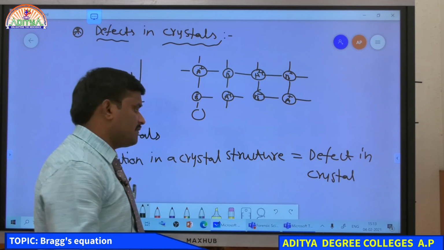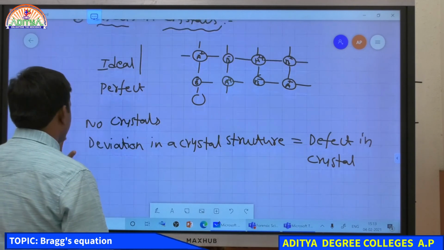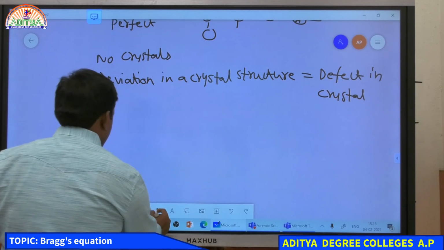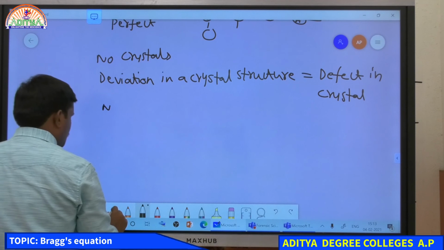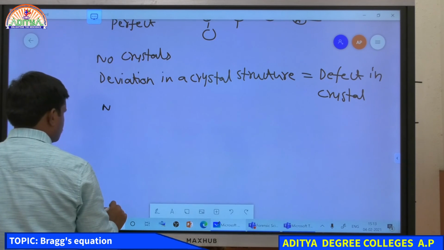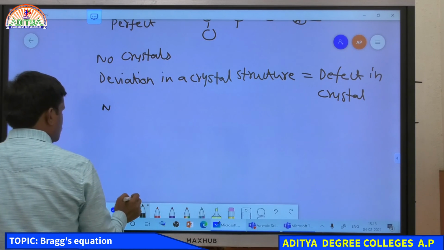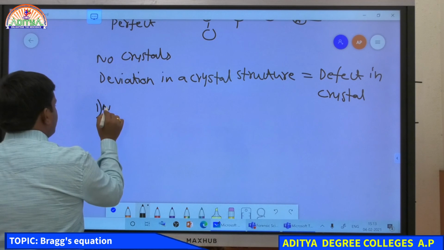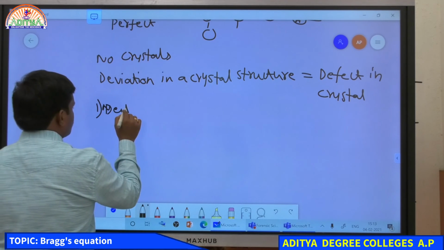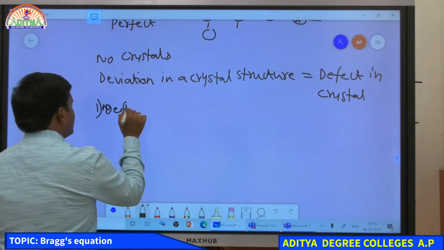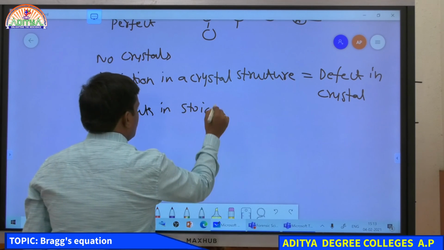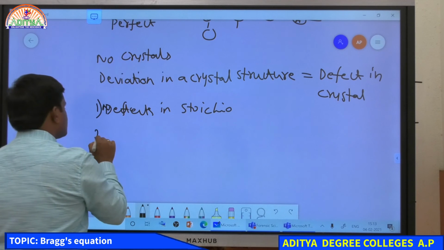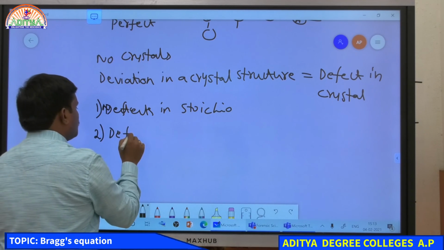So there are two types of defects. These are observed in both kinds of crystals. So the first one is defects in stoichiometric compounds, and also defects in non-stoichiometric compounds.